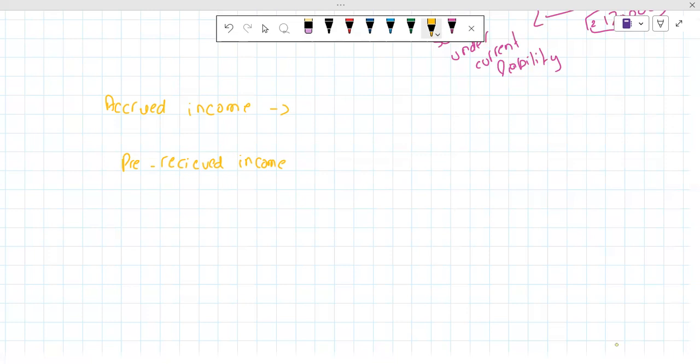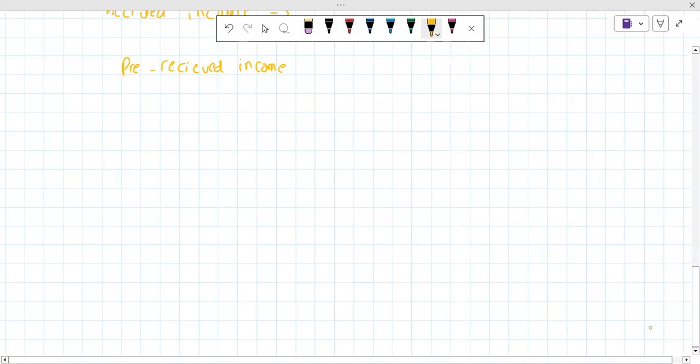Okay, so now let's discuss it. We just discussed that we have some adjustments which we have to make in our statement of financial position and income statement. We just discussed this specific area of accrual and prepayments, but in CIs you will find a full-fledged question on accruals and prepayments.